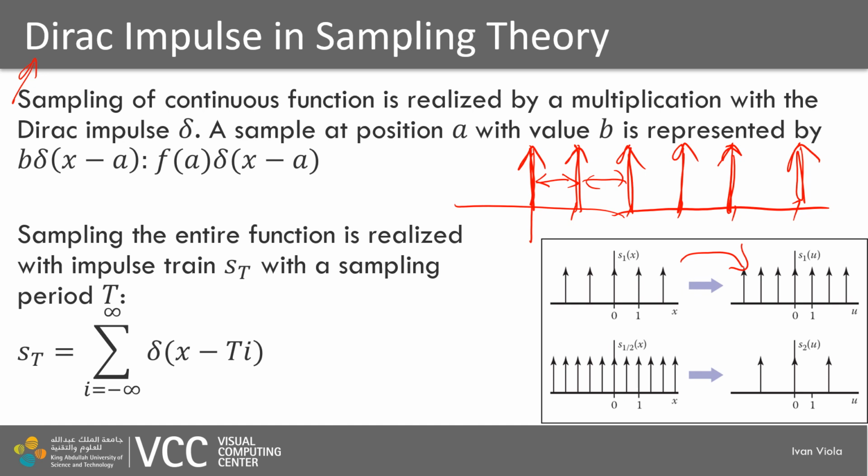We can see here the definition of our comb filter, or the impulse train, being the sum of an infinite amount of impulses, displaced from each other by some period t.